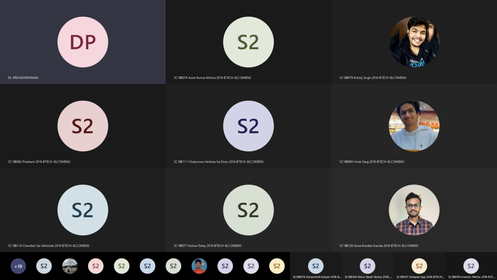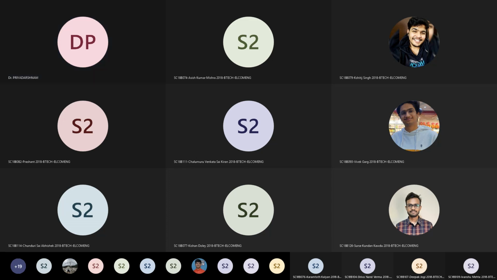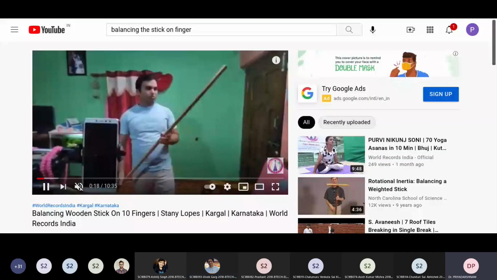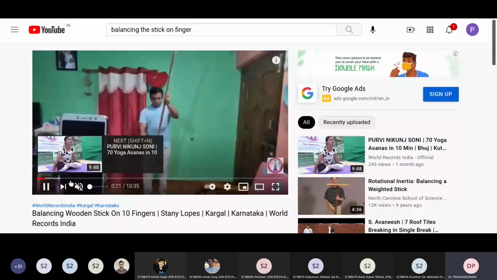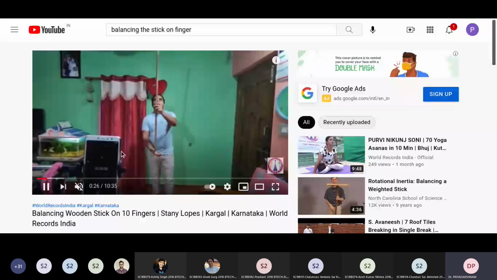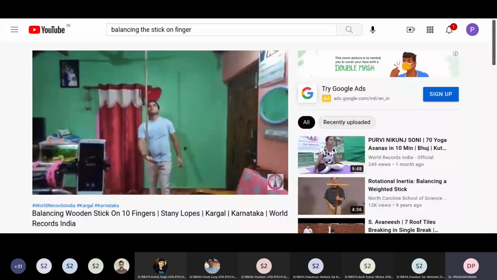But this is something other than what I had, but of course it is very similar. Are you seeing the screen now? Yes, sir. It's basically this. You can see that when he holds the thing, he has to move the bottom part to keep the stick straight.